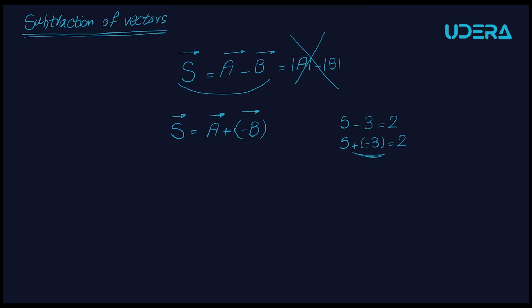So when you hear the vector A minus vector B, you can rewrite that expression in the form of A plus the negative of vector B. Also, this expression can be written as the vector A is equal to the sum of two vectors S and B.